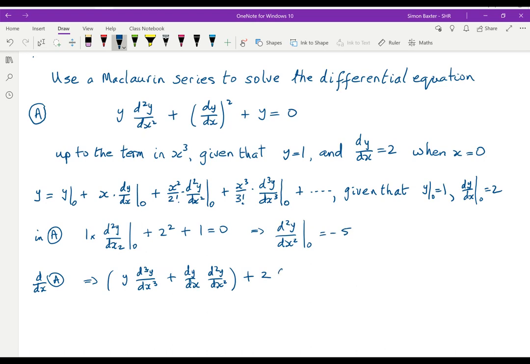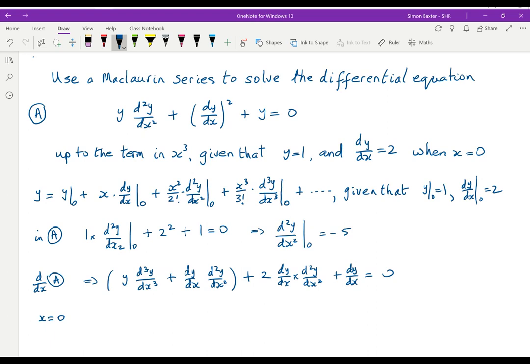That's 2 dy by dx and differentiate dy by dx. Plus differentiating y, I get dy by dx, and equals 0.